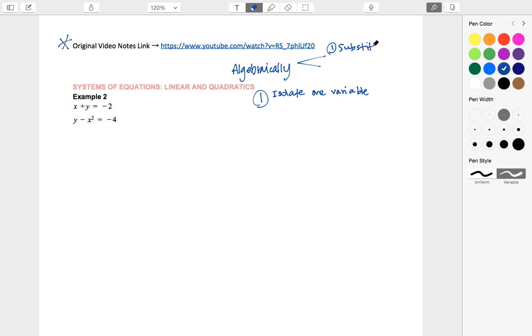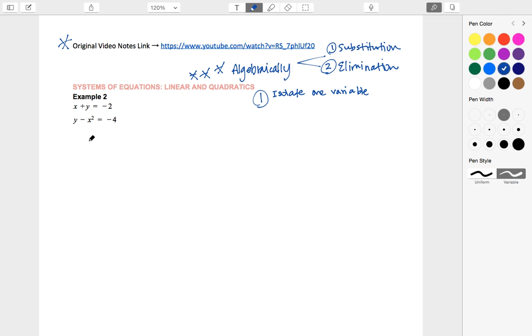Or your second strategy could be using elimination. They both still work. This doesn't just happen with linear equations; it can happen with a linear and quadratic. So these are things that will not change, and you will always have them as your tools and your strategy when solving algebraically. And that's what you're going to see a lot of next class.